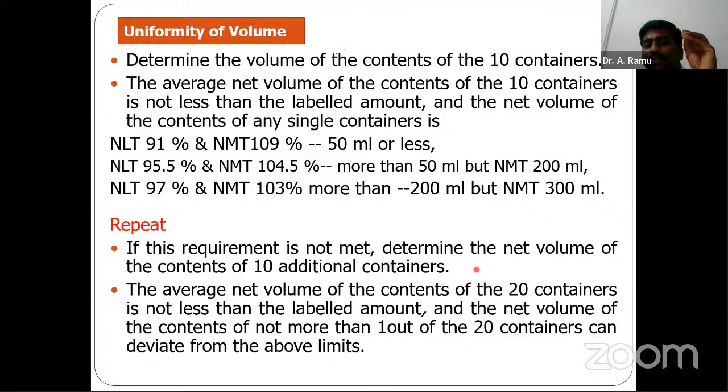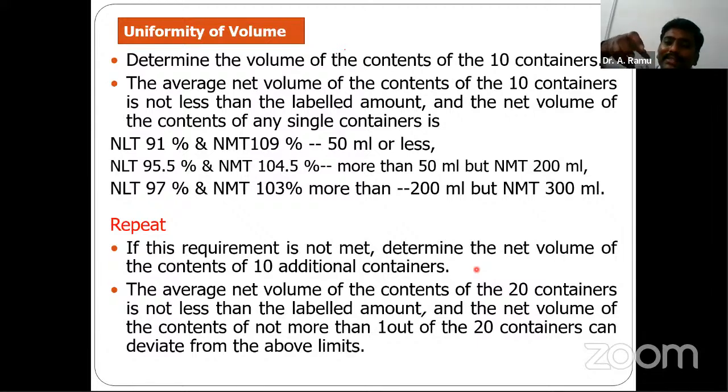To perform the uniformity of volume test, we have to take 10 containers randomly from the batch. Right? So for sampling, we have to take 10 containers at random. And you have to determine the individual volume and average net volume. So how to determine these?